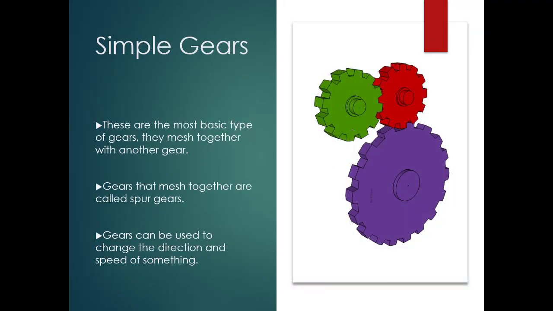So the first one is a simple gear train or simple gear system. This is where you simply have gears in a line, they mesh together, and this is the most basic type of gear system that you can get. These gears here are called spur gears. Typically, we use it to change the direction of rotation, and we use it to change the speed. That's the most common use of these types of gears.